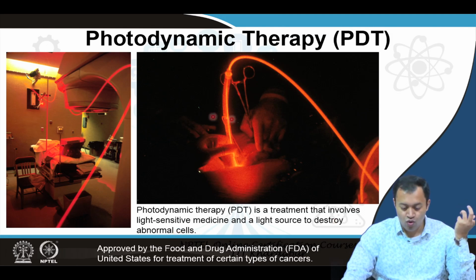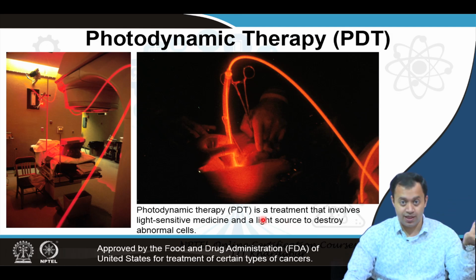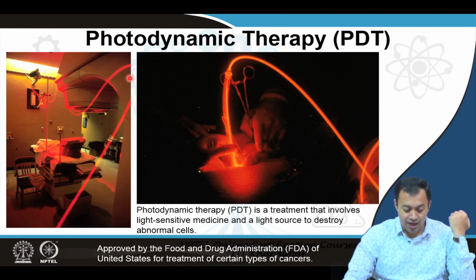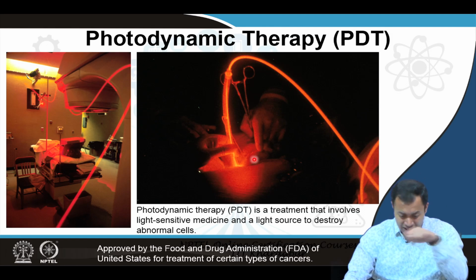Usually the light source is a laser and you are delivering it into the human body. This is actually a keyhole type surgery. A certain section of the person's body has been opened up.